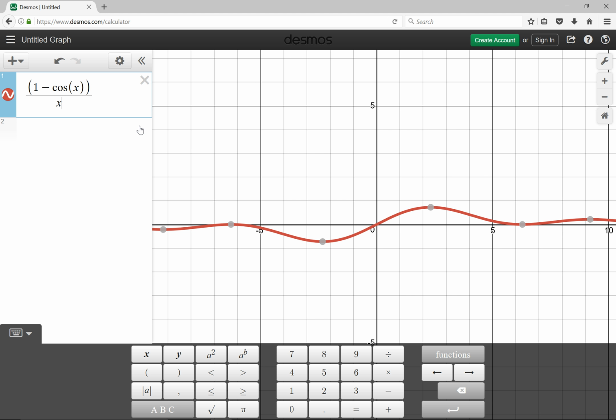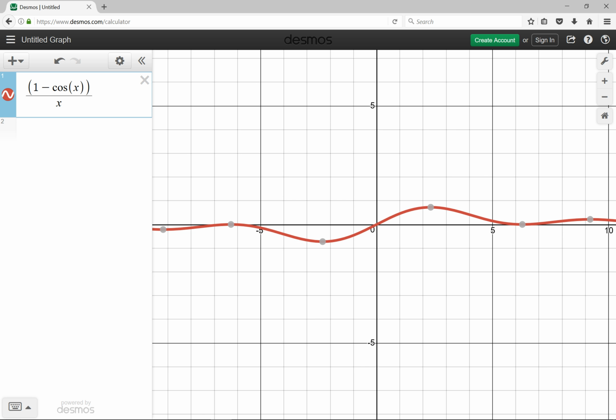what happens at x equals 0? Well, at first blush, it looks like it goes to the origin. As the x's get closer to 0, my y's are getting closer and closer to 0. Uh-oh. There's a hole there. But as you come from this direction, the y's are getting closer to 0.